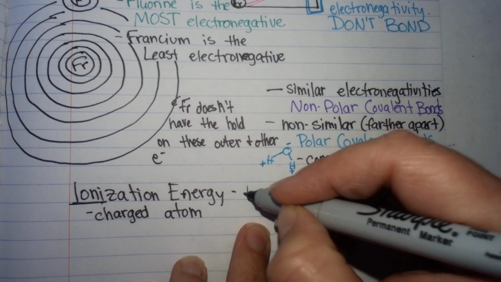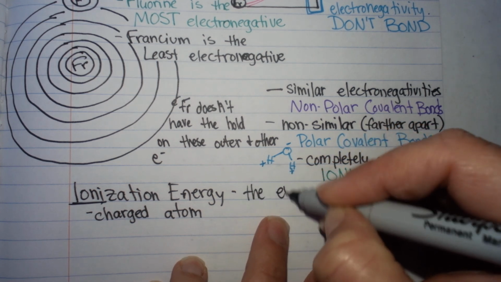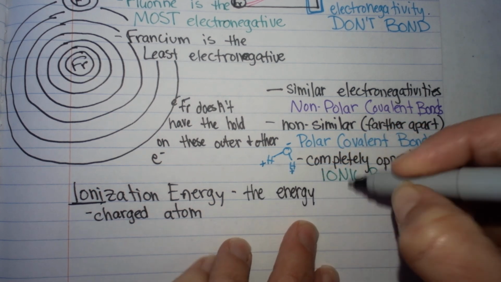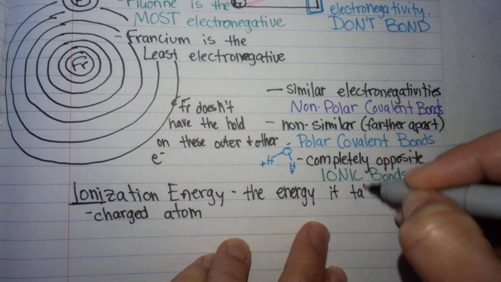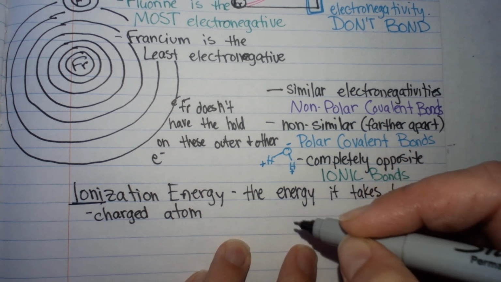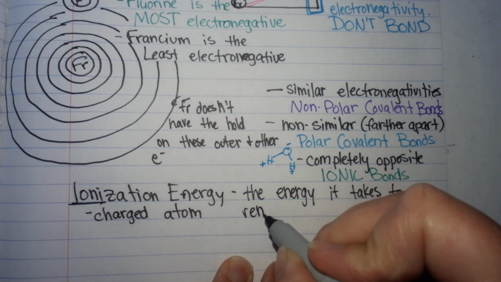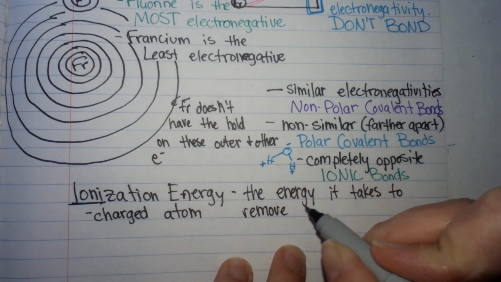So ionization energy is the energy it takes to remove an electron.